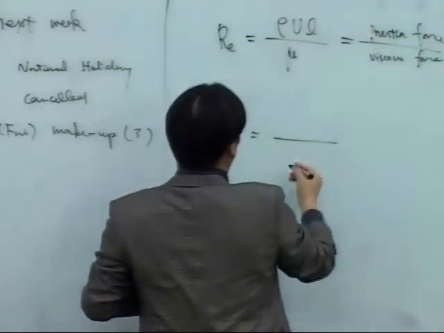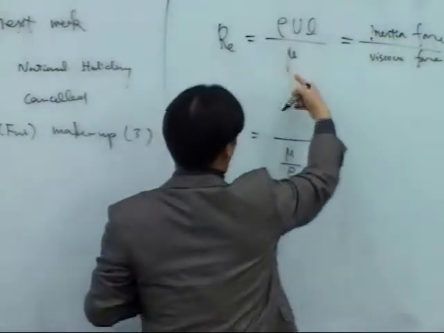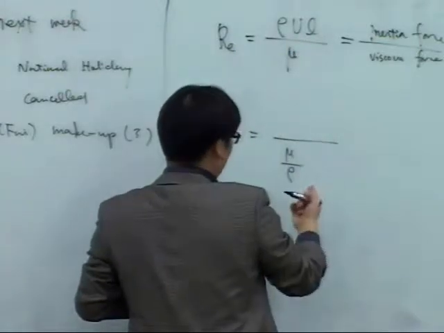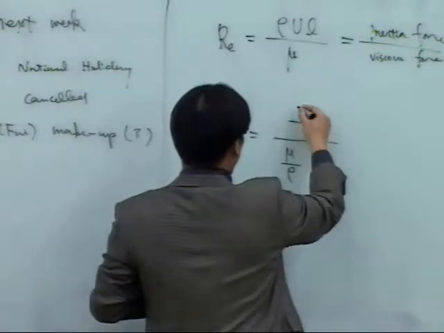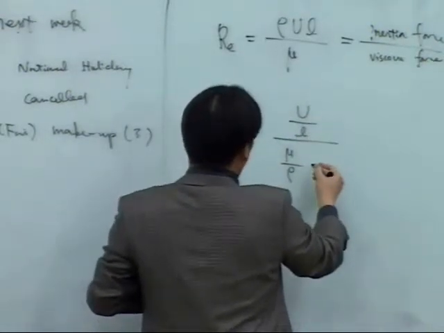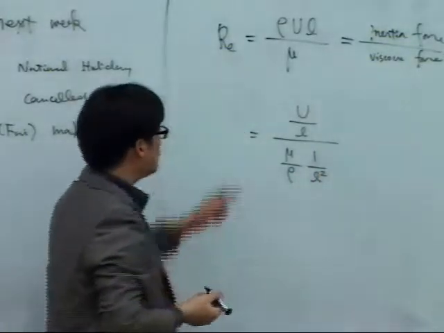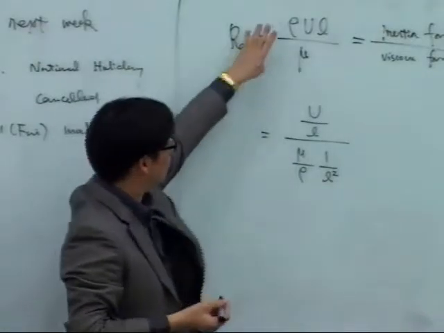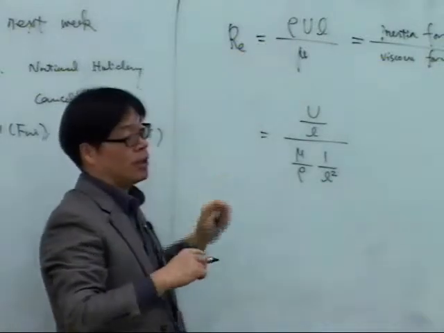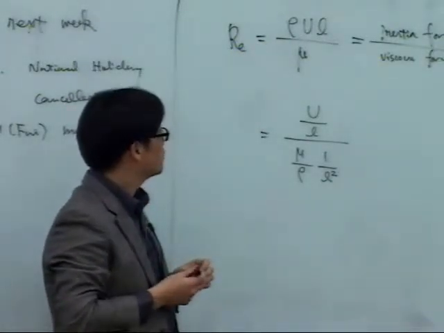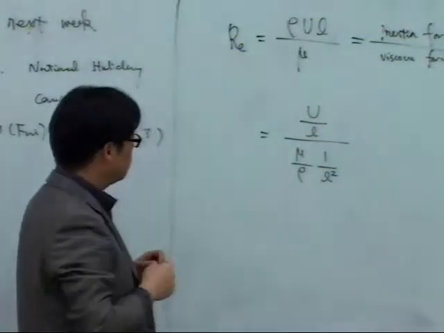I divide the numerator and denominator by rho, and then I divide by L squared. So I have U divided by L, and 1 over L squared. This is exactly the same as before. I just divided the numerator and denominator by rho, and then by L squared. I had an L here, so when I divide by L squared, I have only one L here.